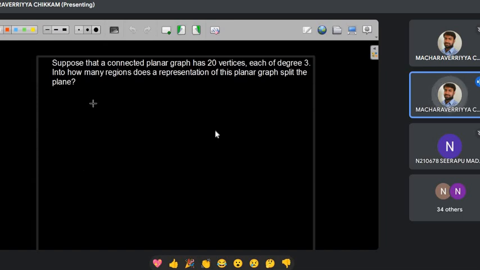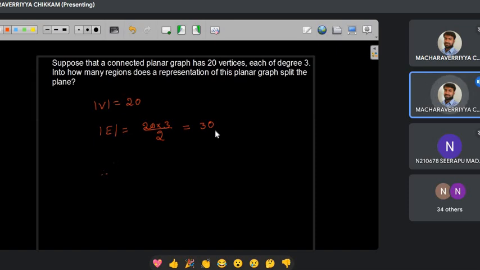So the number of vertices are 20, and each of degree 3, therefore the number of edges equals 20 times 3 divided by 2, so that gives you 30. So the number of edges are 30.